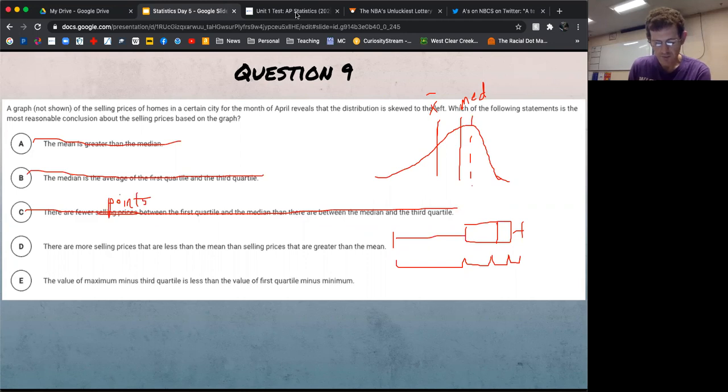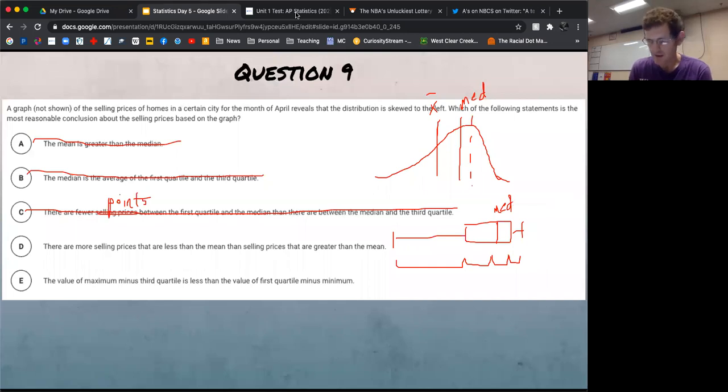There are more selling prices that are less than the mean than selling prices that are greater than the mean. So we're saying there's more data to the left of the mean than to the right. Well, we know that there's an equal amount of data to the left and right of the median. That's right where 50% of the data is.